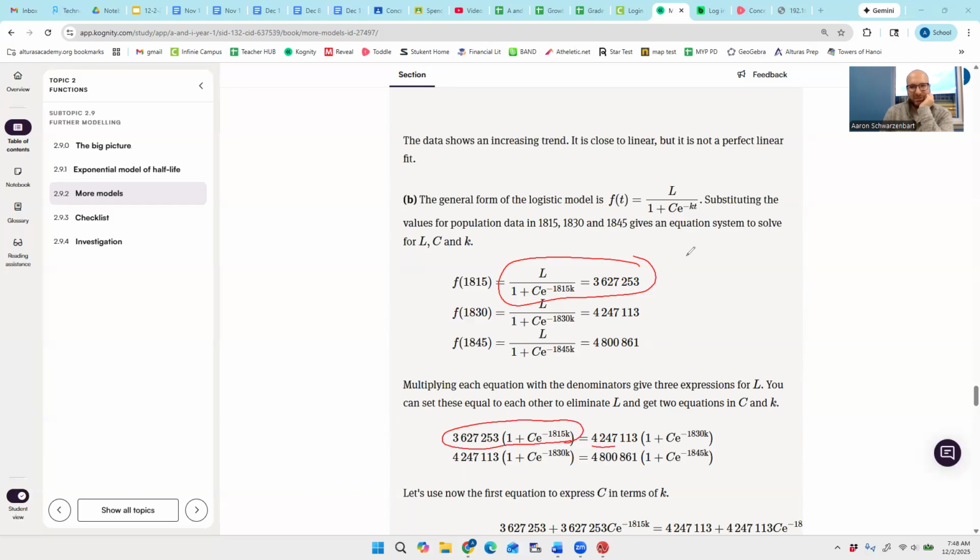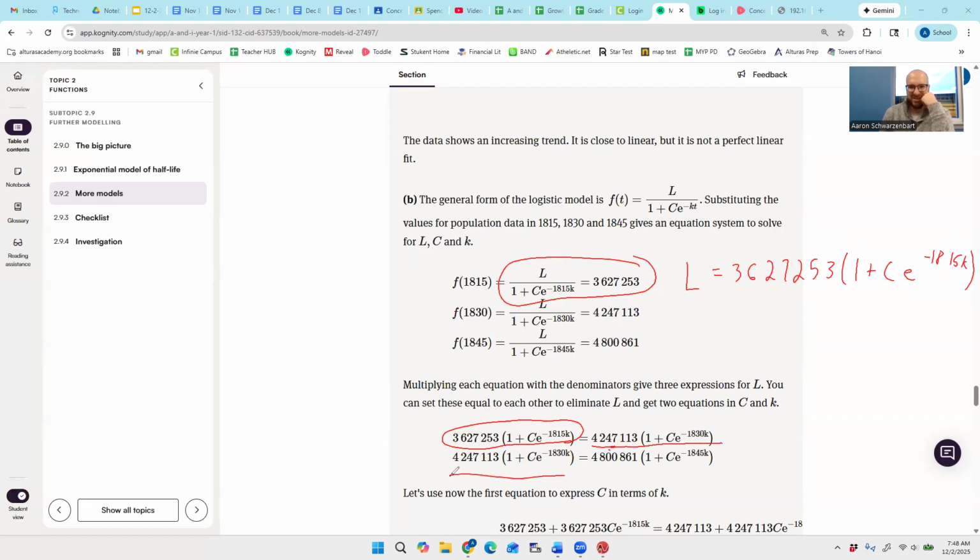And then you end up with L equals, and you do that with all three equations.